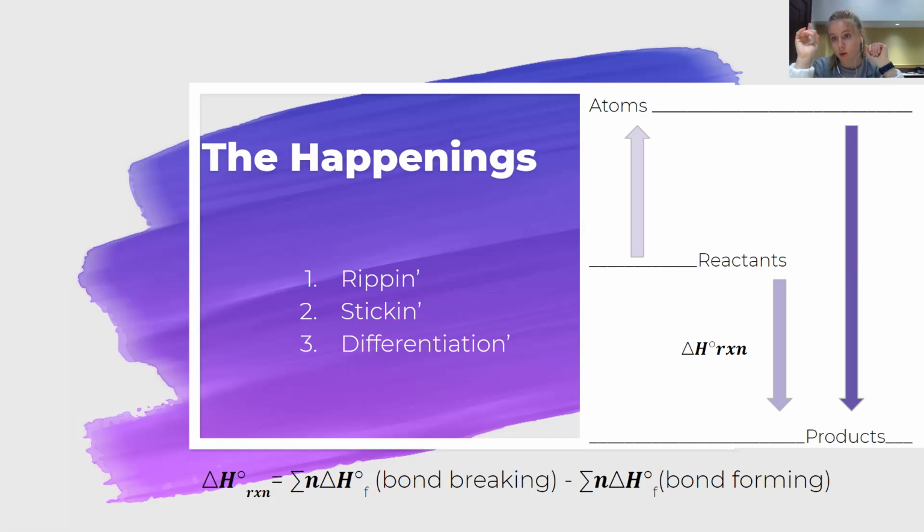However, when bonds are being formed, it releases energy. And that's why the products arrow is so large, because it releases all that energy to get down to the products and to create those eventual formations.